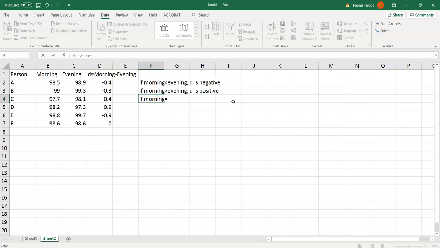If morning is equal to evening, we're going to get 0 when we do those differences. So the way this hypothesis test works is it computes those differences and then calculates the mean of those differences.